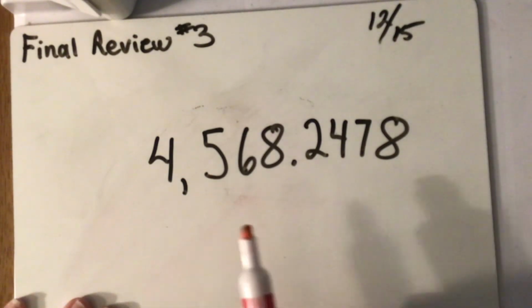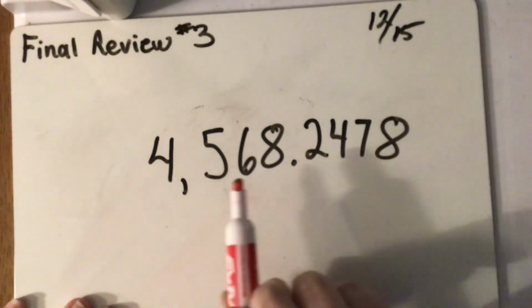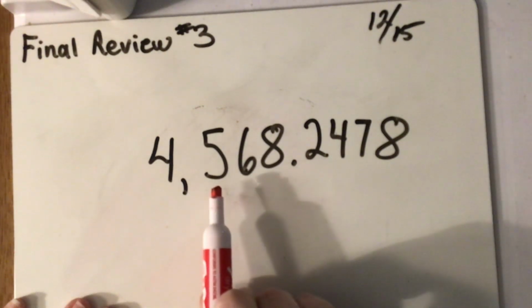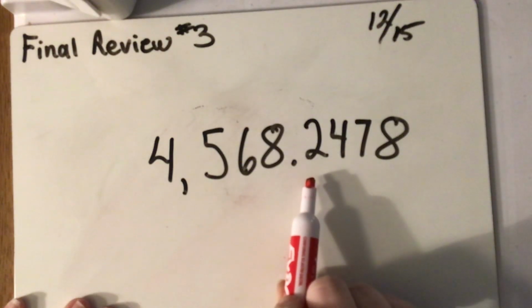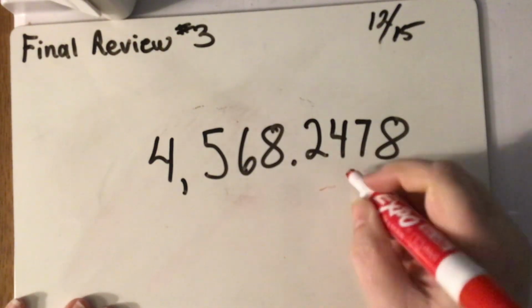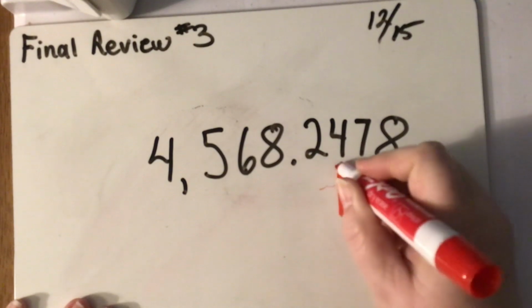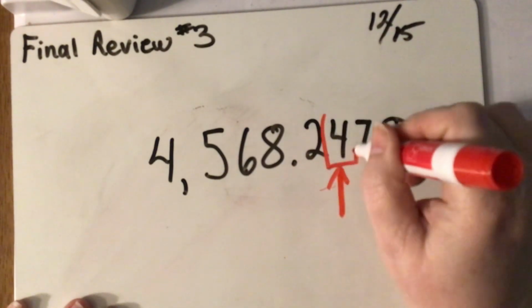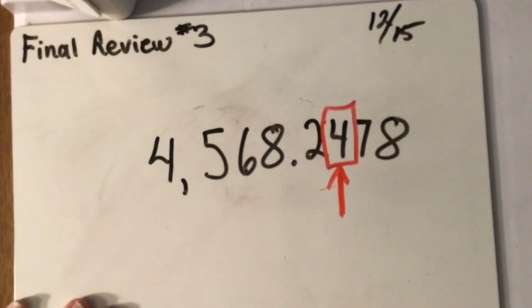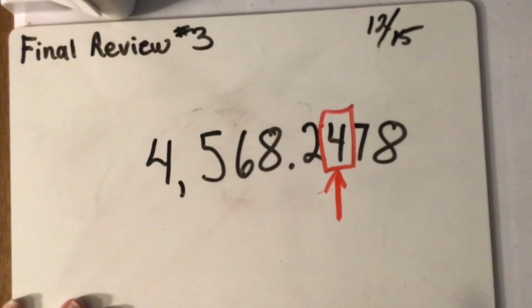So where's the hundredth place? This is the hundreds place. Tens place, hundredths place. This is what we're looking at. So we're going to put our box around the 4. And the 4 is bad at decision making.